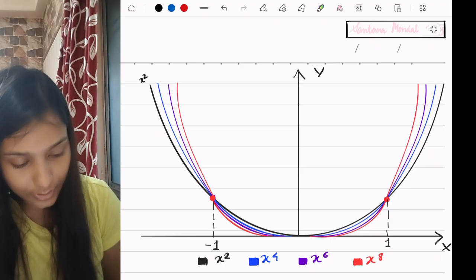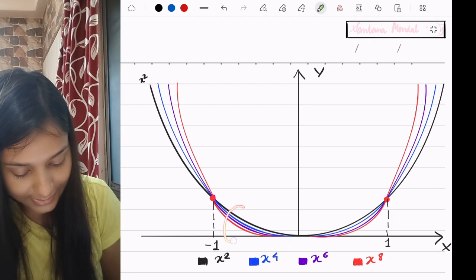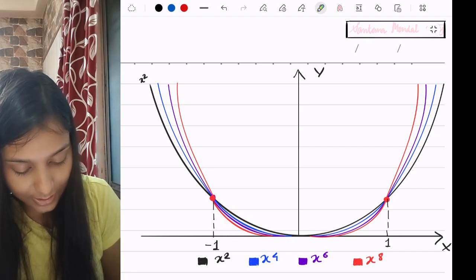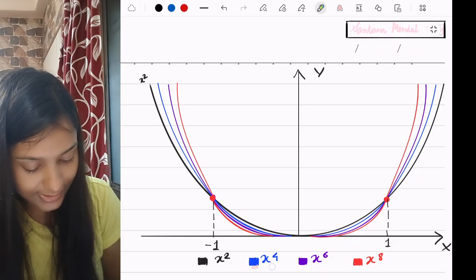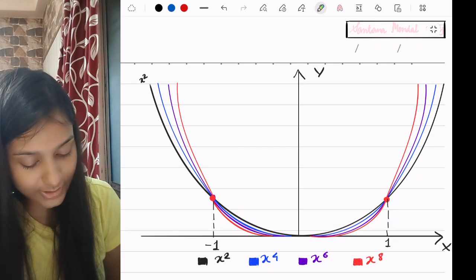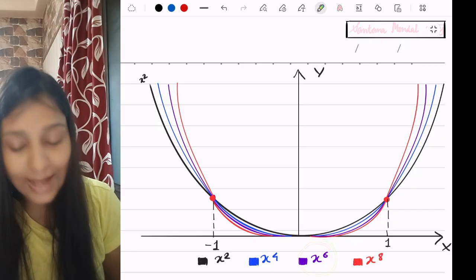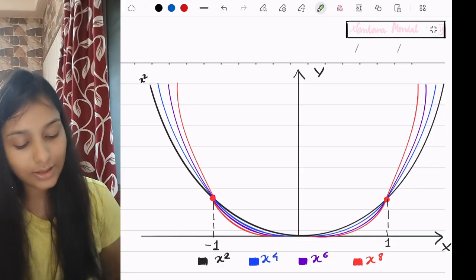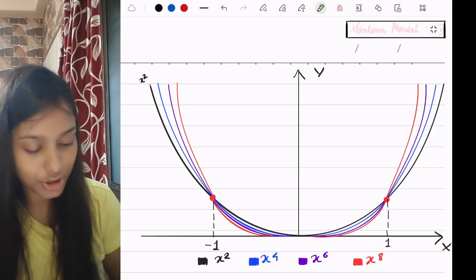Here we can see that the black line lies above, then lies the blue line, which is x power 4, then lies the purple line, which is x power 6, and lastly lies the x power 8 function, which is the lowest of these four functions.